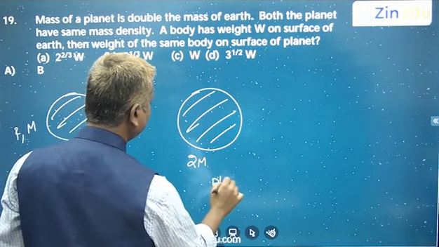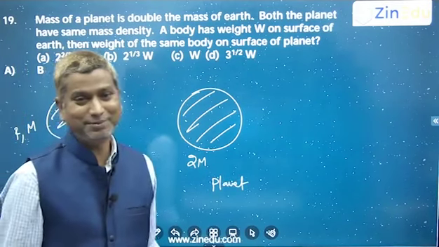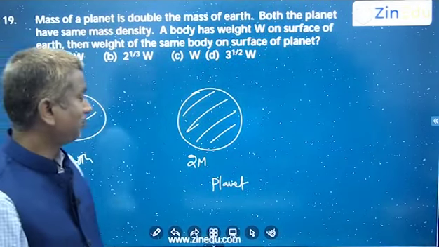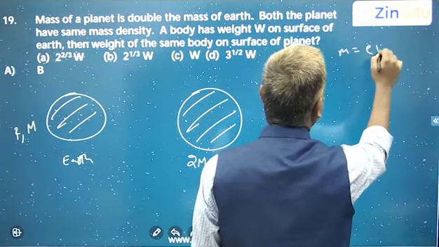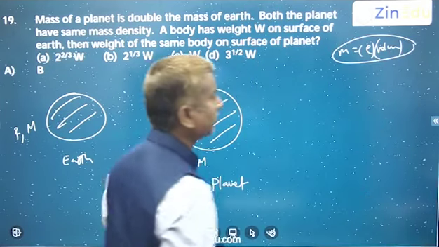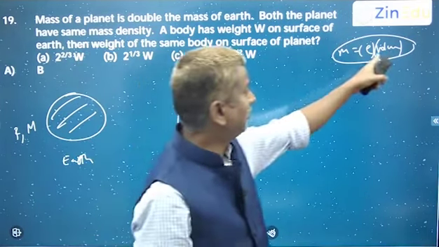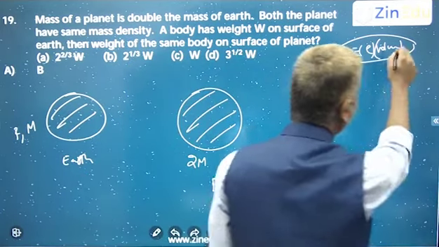Okay, this is 2M. So mass is 2M, and the volume, because the density is the same: mass is equal to density times volume. Correct? So mass is double means volume is also double. Right? And volume is directly proportional to R cube.